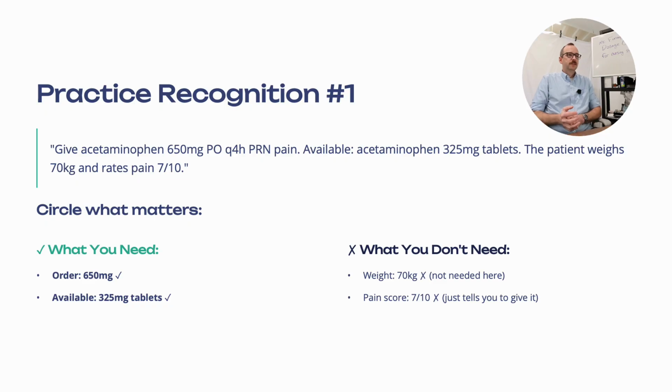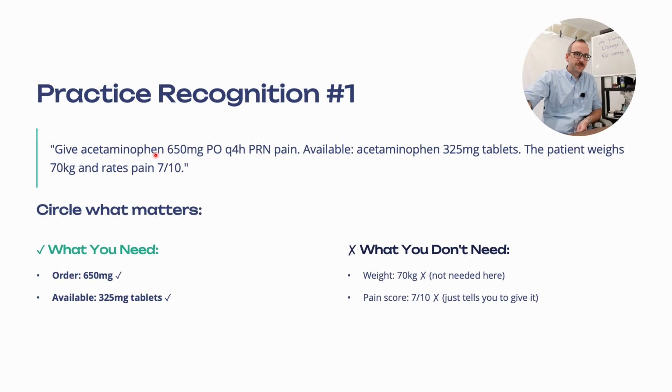Here's a practice. Give acetaminophen 650 milligrams PO Q4H PRN pain. Available, acetaminophen 325 milligram tablets. The patient weighs 70 kilograms and rates pain 7 out of 10. What parts of that do I need? I don't need all of that. I need to know what my drug is.